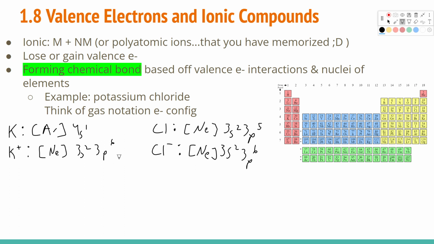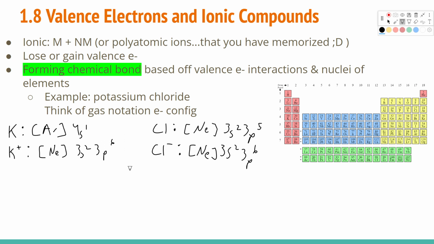And so this is why potassium is going to be positive, because the valence is going to be filled by losing this guy, and then chloride is going to be filled by gaining one more electron, and then all of the valence is filled. And so these two can form an ionic bond, and so there we go.